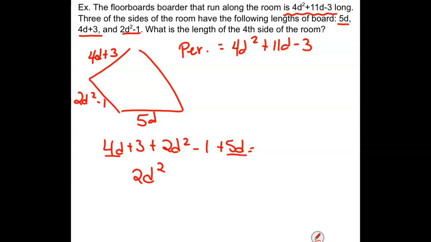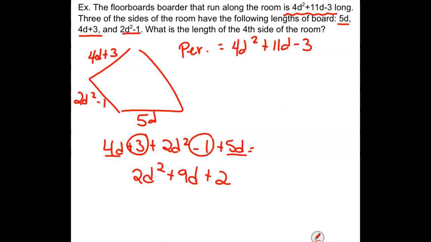Okay, those combine to be a 9d. Yes? And then we have a 3 minus a 1, so we get a 2. So the 3 sides add up to 2d squared plus 9d plus 2. What do we have to do with that? Subtract them from the perimeter.